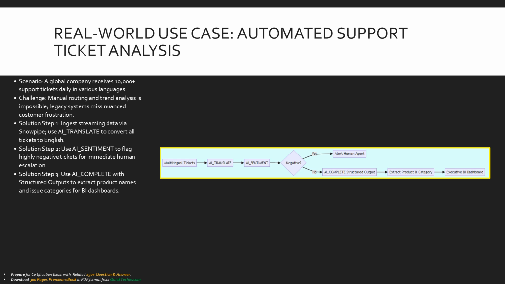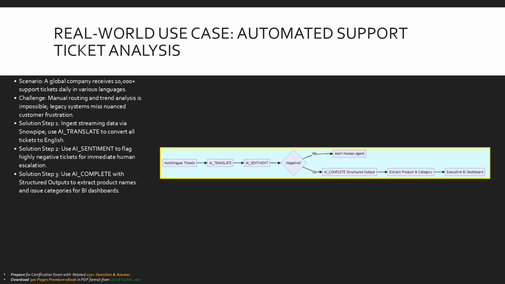Follow the journey of a support ticket through this pipeline diagram. On the left, multilingual tickets enter the system and immediately hit AI translate to normalize the language. The data then flows into AI sentiment. At the decision diamond, we check if the sentiment is highly negative. If yes, it branches up to alert a human agent for urgent care.